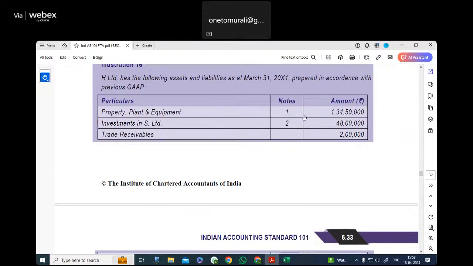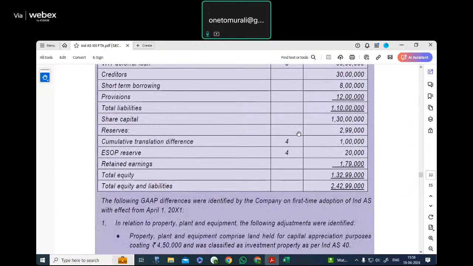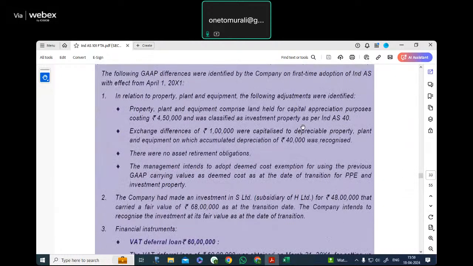So property, plant and equipment, 1 crore 34 lakhs and 50,000. So item number 1, they've said property, plant and equipment comprising land held for appreciation, 450,000, and classified that as investment property under Ind AS 40. Next, exchange difference of 1,000 was capitalized to depreciable property, plant and equipment, on which accumulated depreciation of 40,000 was recognized.